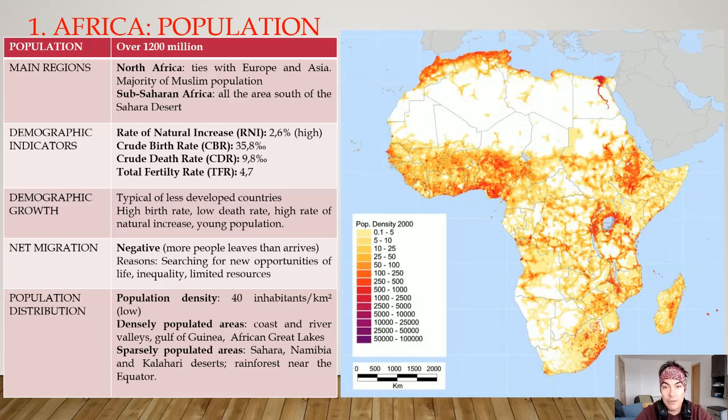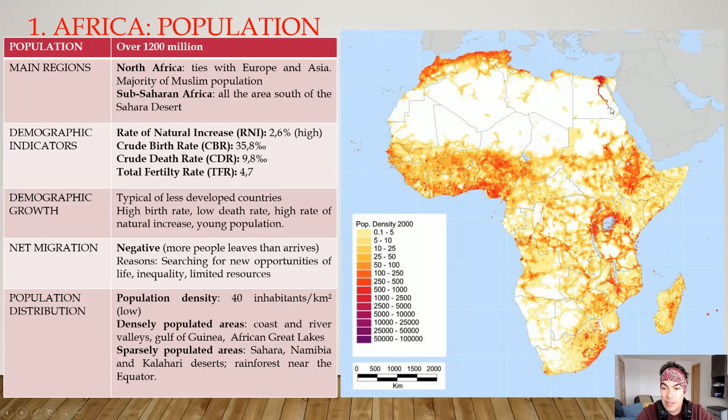Also the valleys of the great rivers. What is the best example here? The area here of the valley of the river Nile. In Egypt, for example, as you can see, this is Egypt. The people are concentrated and they live next to the banks of the river Nile.